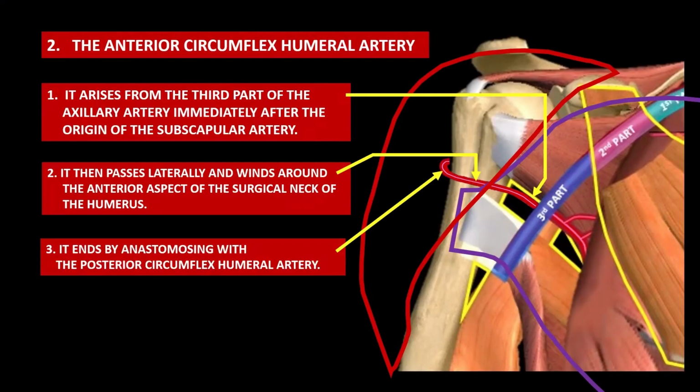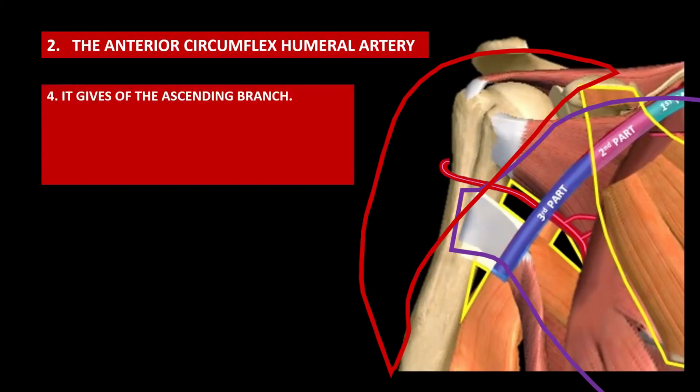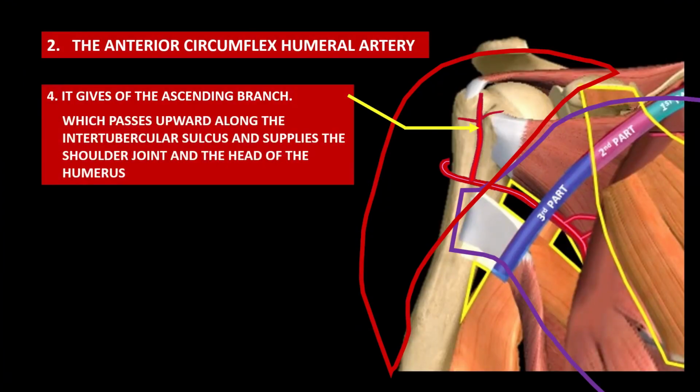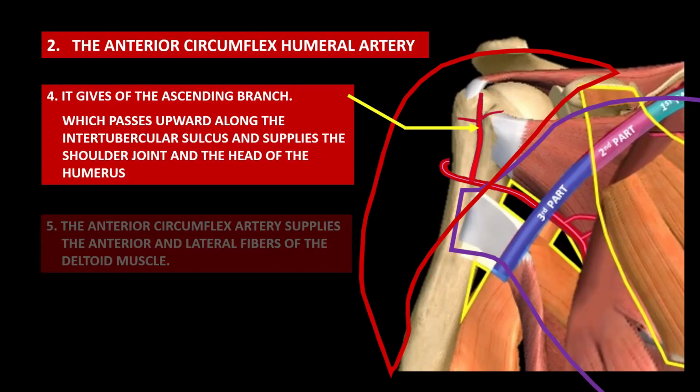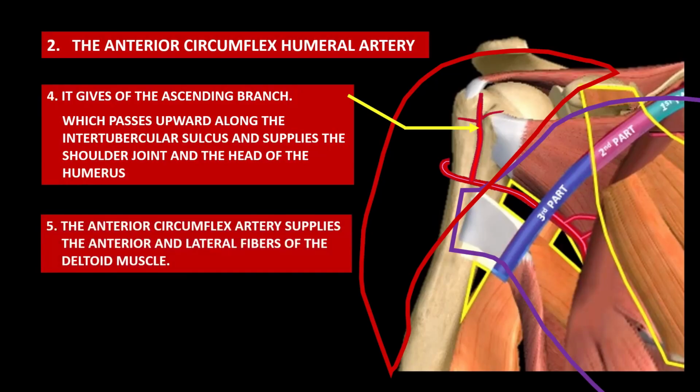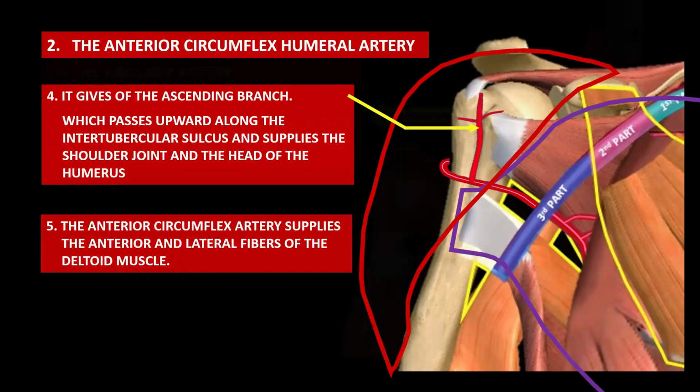It ends by anastomosing with the posterior circumflex humeral artery. It gives off the ascending branch, which passes upwards along the intertubercular sulcus and supplies the shoulder joint and the head of the humerus. The anterior circumflex artery supplies the anterior and lateral fibers of the deltoid muscle.